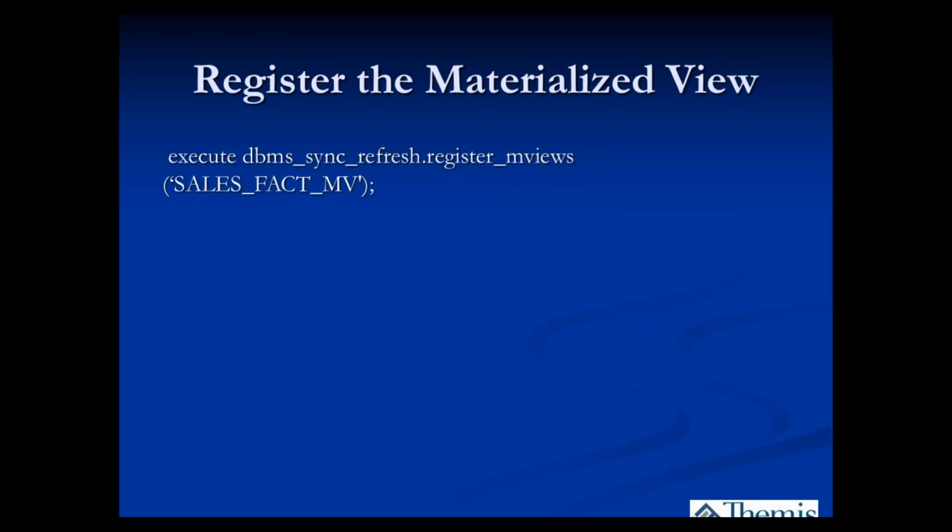And these are all put into the same group. So right now, when this gets done, I've got tables and a materialized view that are all part of some registered group. And that's very important as far as the synchronous refresh goes, because when it refreshes everything, all the tables and materialized views that are in that group are the ones that will get refreshed. All right, now we can check to see some information about those registered items.